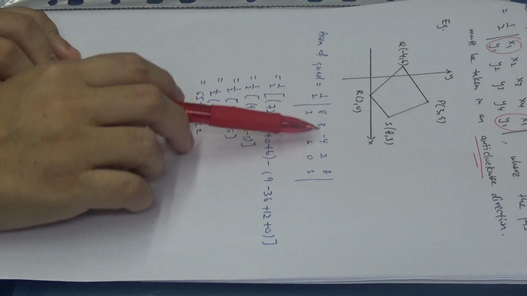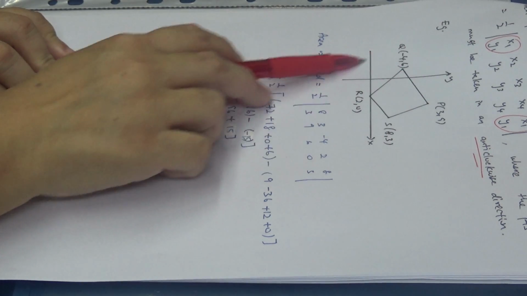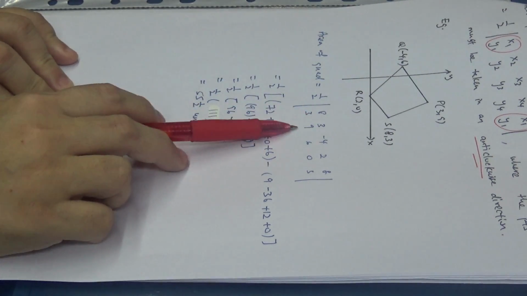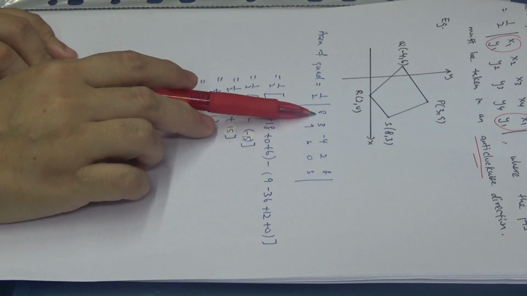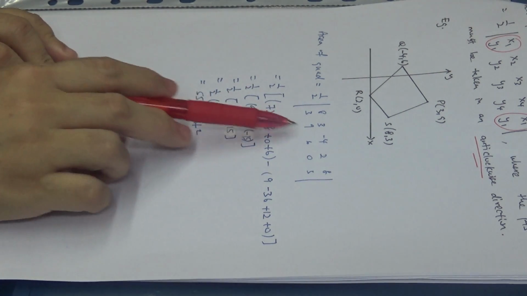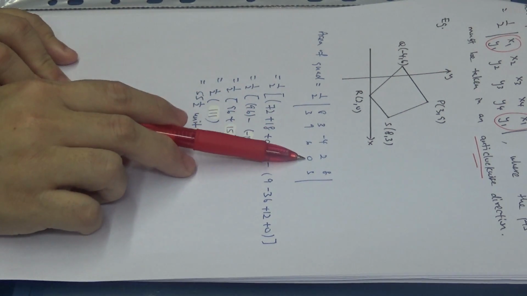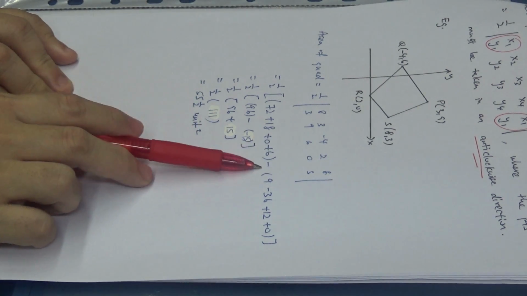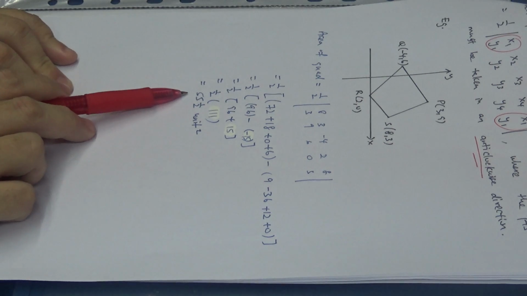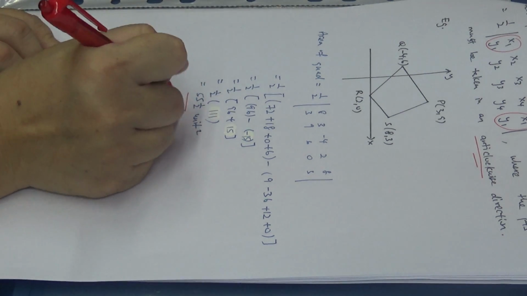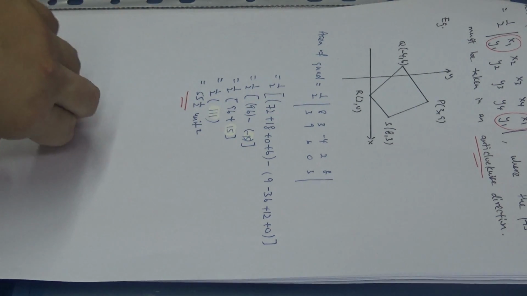I start from point S. So you go this way, S, P, Q, R, then S again. You cross 8, 9, 72, 18, this is 0, this is 6, put in the first bracket, minus the other way round. You get this answer. You simplify it, you will get 55.5 units squared.